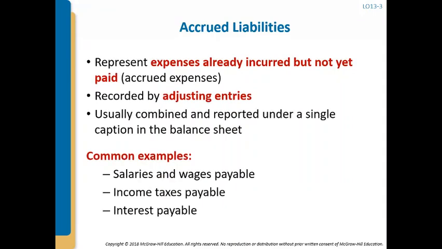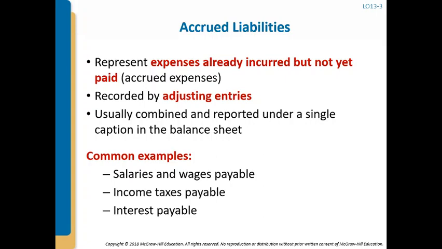Accrued liabilities. It's all those expenses that you've incurred. You're accruing these at the end of the fiscal year. You come up to the fiscal year and you go, okay, what else do I owe? Taxes payable, things like that.